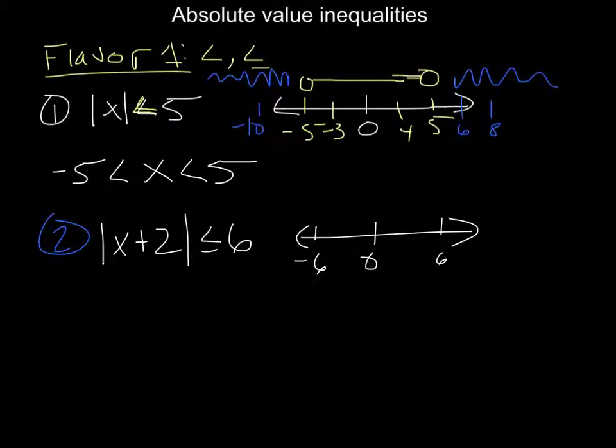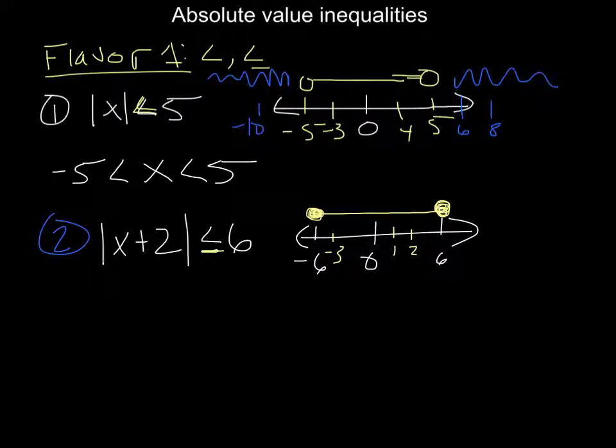And I want the distance to be less than 6 away from 0. Well, 1 is less than 6 away from 0. 2 is less than 6 away from 0. Negative 3 is less than 6 away from 0. And in fact, everything from here to here is all less than, and I shouldn't forget the equal, less than or equal to 6 away from 0.